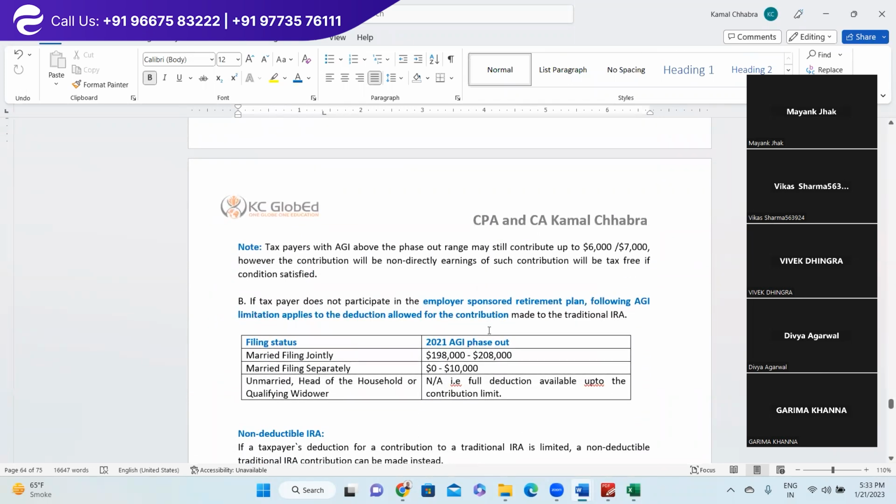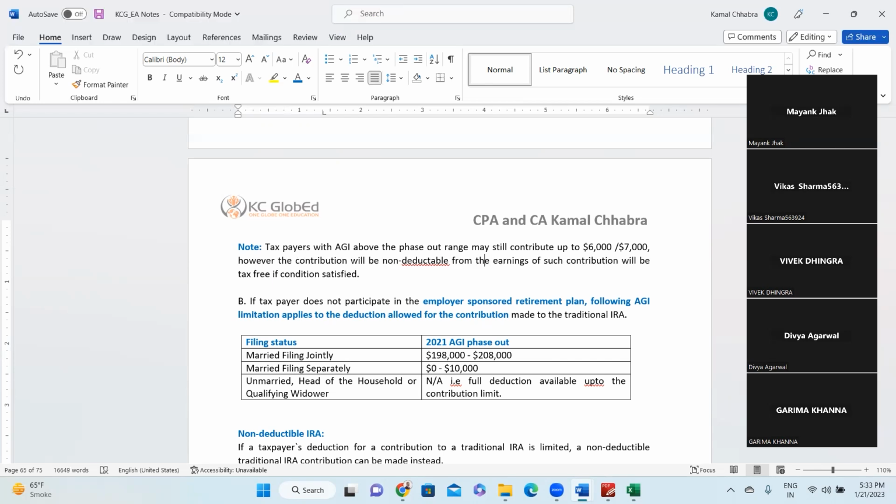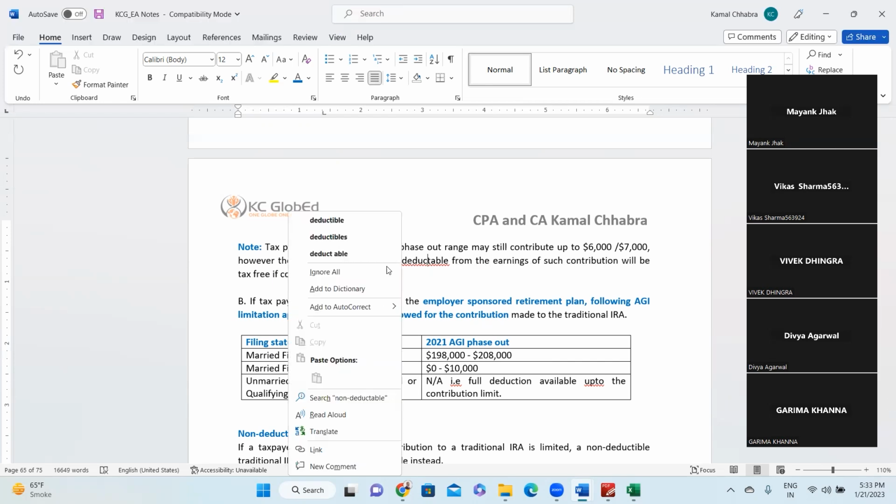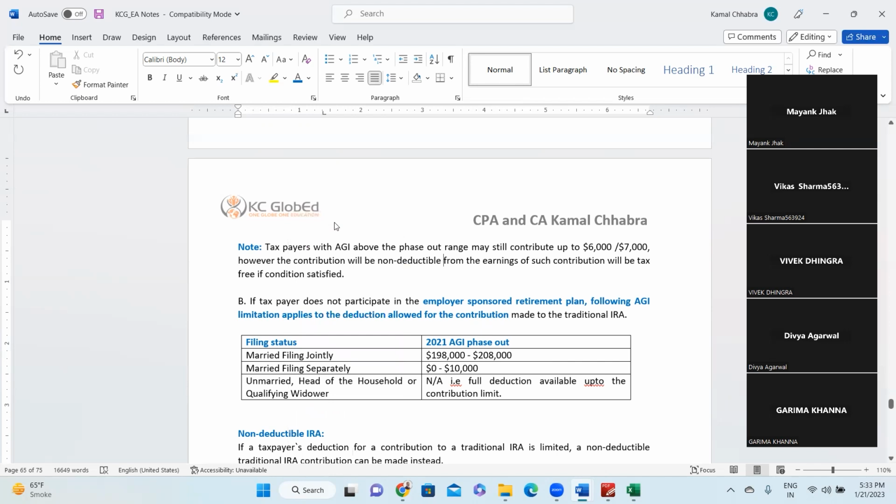A taxpayer with AGI above the phase out range may still contribute up to 6,000 or 7,000, as the case may be. However, the contribution will not be deductible from earnings and will be taxed.